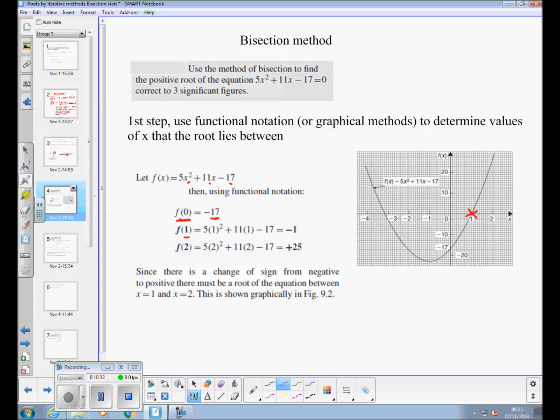If we try x is equal to 1, we get 5 times 1 squared is 5, plus 11 is 16, minus 17 is minus 1. We're still negative. So the third guess is to go up to x is equal to 2. We end up with 5 times 2 squared is 20, plus 22, minus 17 is plus 25. We've got a change of sign from negative to positive. So the root must lie between x is equal to 1 and x is equal to 2.